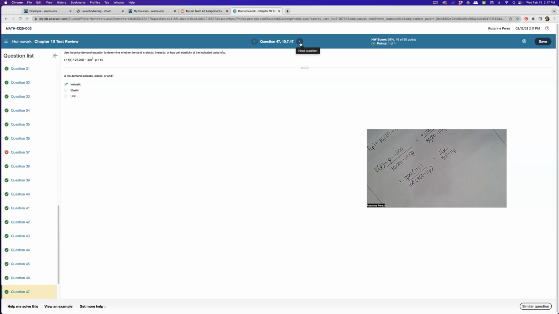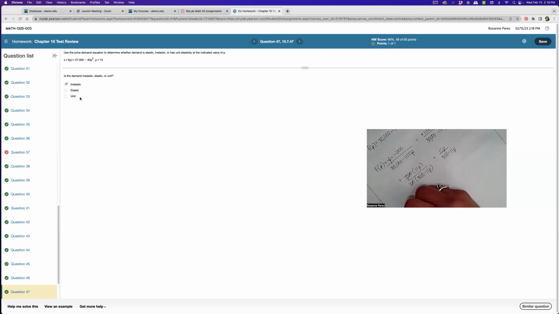We have our f of p, and we need to calculate our elasticity of demand function, and then we're going to evaluate at this given value of price p, and then we'll determine if this particular product has demand that is inelastic, elastic, or unit.